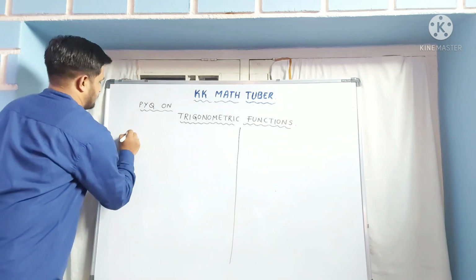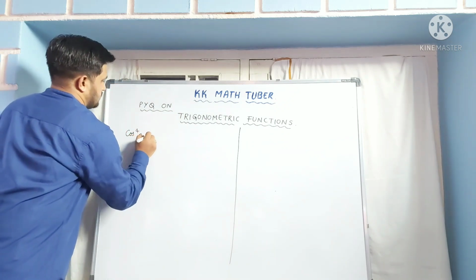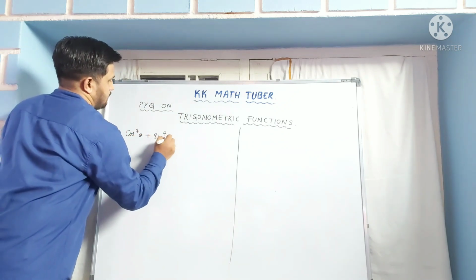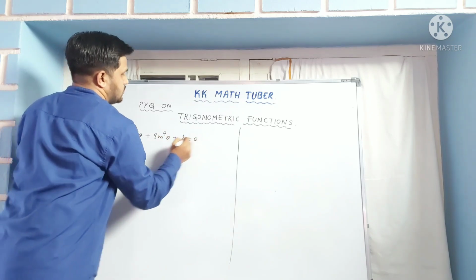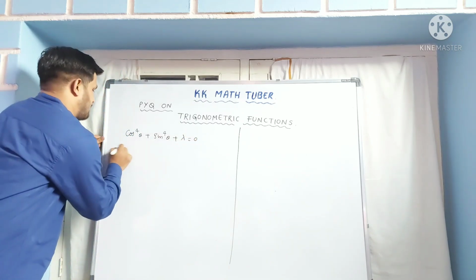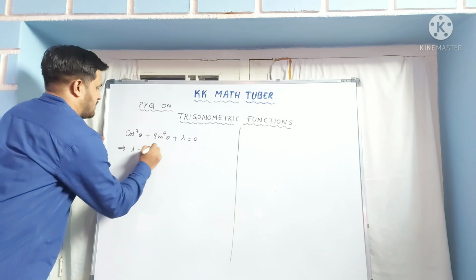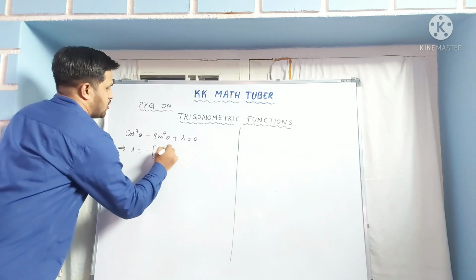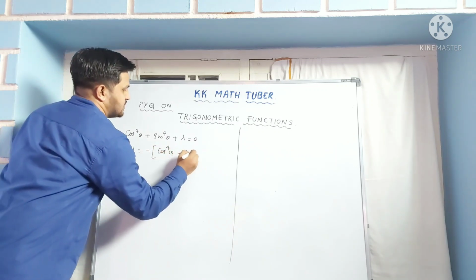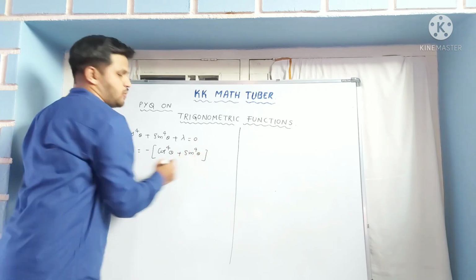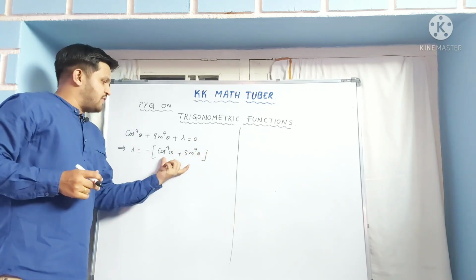Therefore lambda will be minus of cos theta whole power 4 plus sin theta whole power 4. Now I need to simplify this.